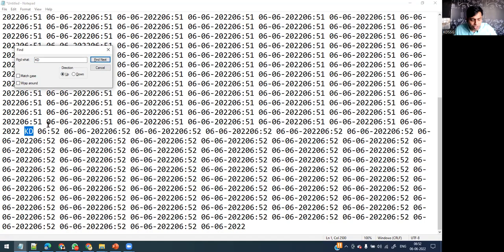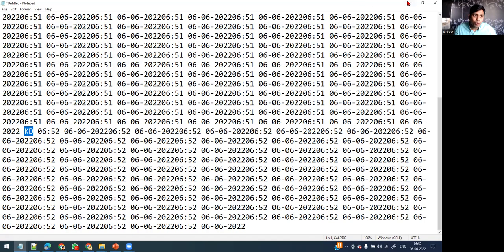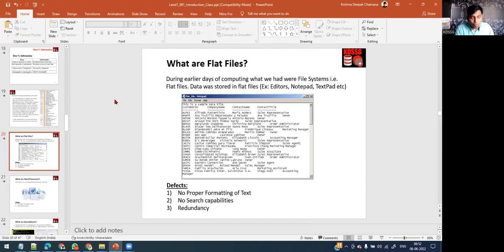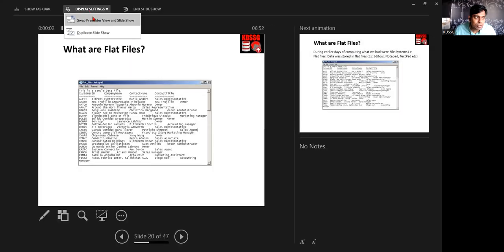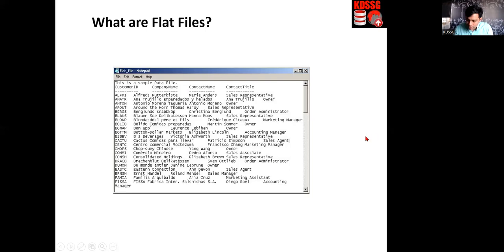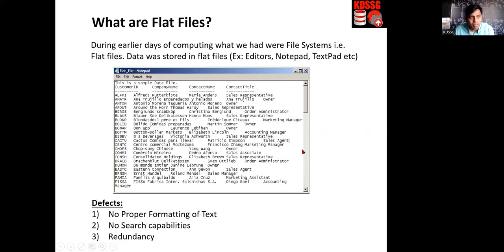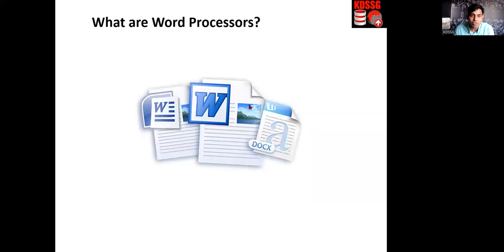This search functionality is there for Notepad now, but in the 1960s or so there was no search functionality for flat files. By the way, there is also redundancy, duplication of data. If I type KD data once, I may by mistake type KD one more time. I may by mistake type Akshay one more time. So duplication is also a problem.